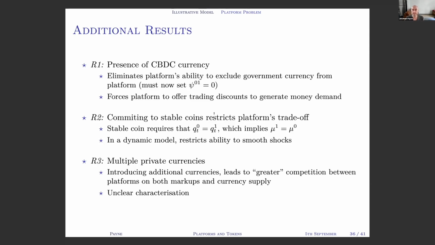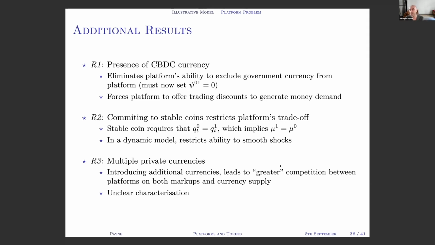The second thing is about having a stable coin, and there's this comment about Libra benchmarking to a basket. So we could do this here. A stable coin would say, well, I'm going to set my price equal to the price of the outside currency. But that means we have to have the same growth rate of money, so I get the same signage revenue as the government, right? In other words, if you have a stable coin, you're pegging your profit from the currency to the profit the government is making out of signage.